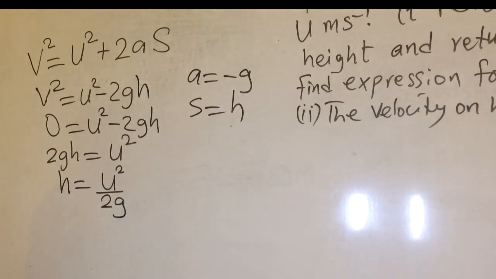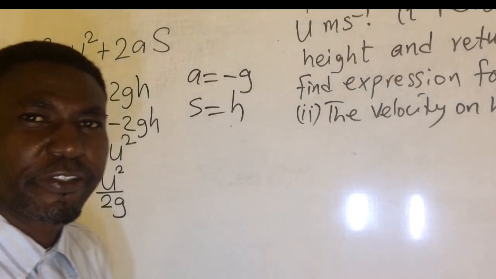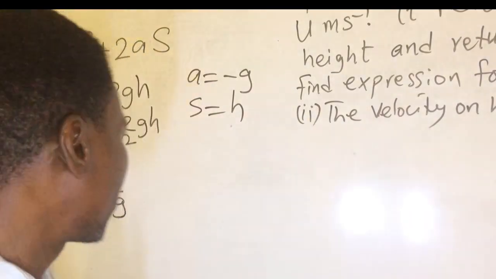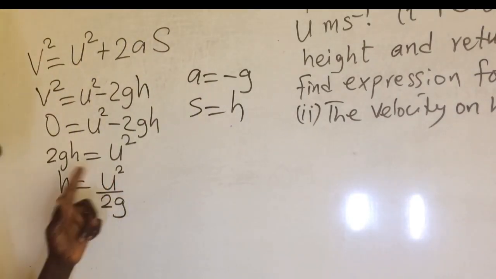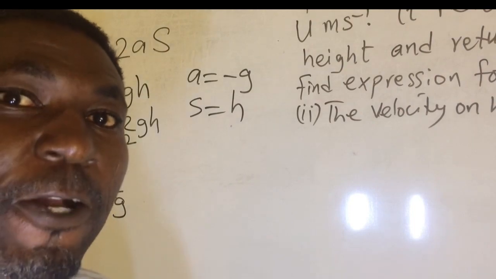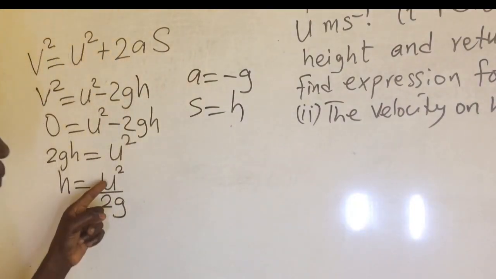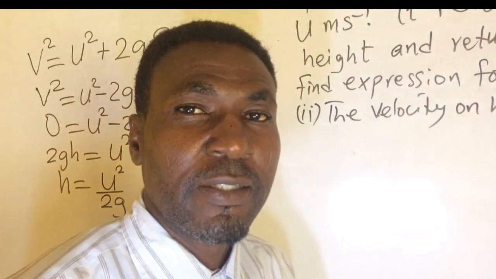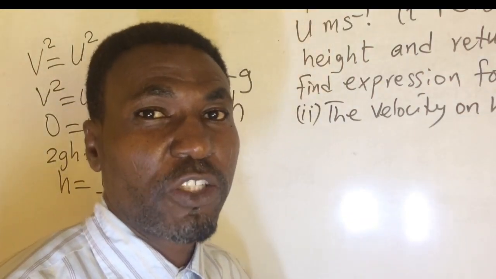This is the expression they are asking us. So if numbers are assigned to u and g, which may be approximately 10 meters per second squared, you fix the numbers and get the value of the highest height. So that's how to find the expression they ask us.